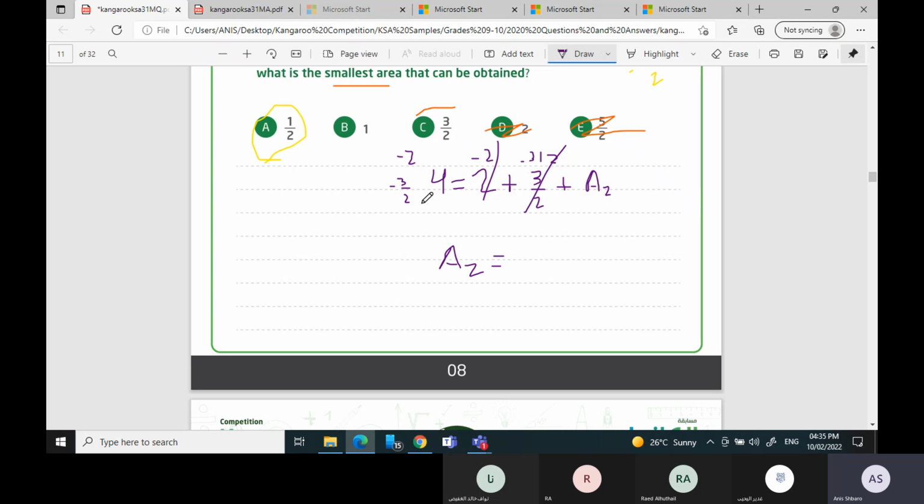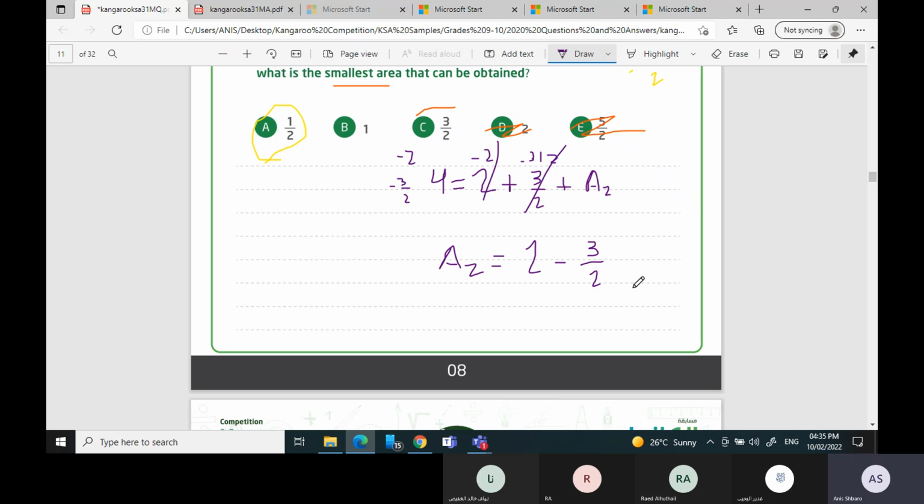You forgot that. Oh, yes. So 4 minus 2 is 2, and I have to take 3 over 2. So 2 minus 3 over 2. It's clear for me it's equal to half, because 3 over 2 is equal to 1.5. So 2 minus 1.5 is 0.5.